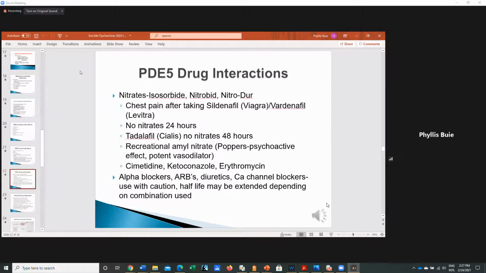Any type of the alpha blockers, the ARBs, diuretics, because this is all going to affect your cardiovascular system. It's going to vasodilate or pull off fluid, like with the diuretics, and it can cause you to have episodes of hypotension, which is not what we want, because the last thing they need is a head injury from a fall.